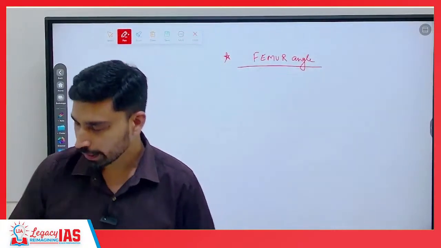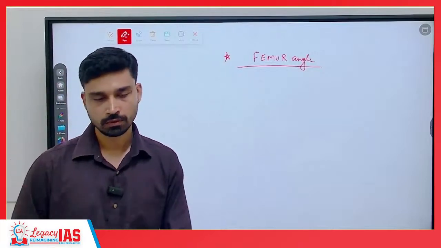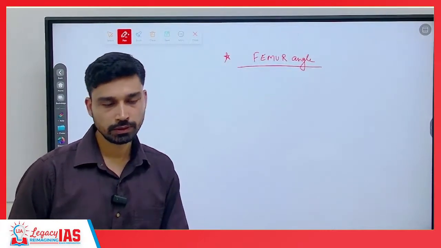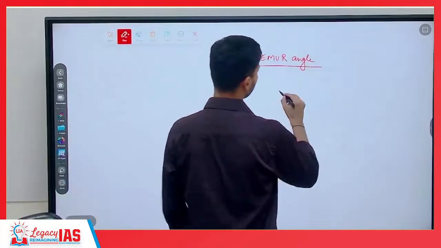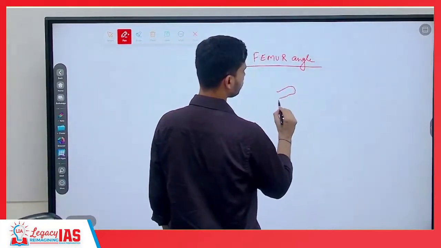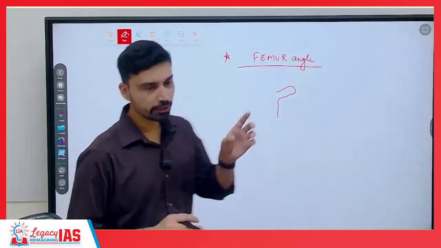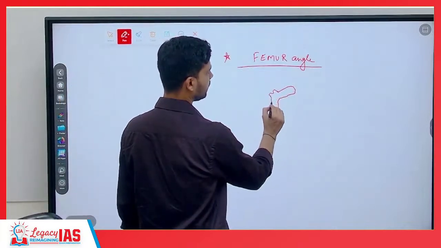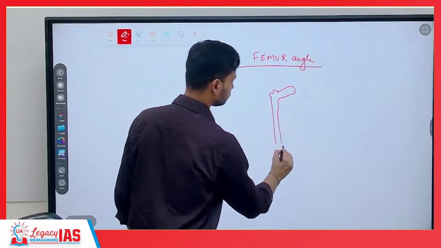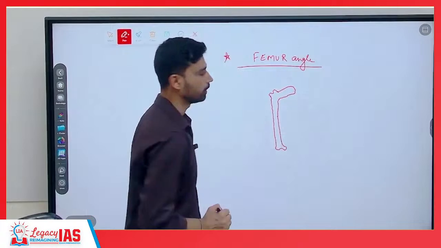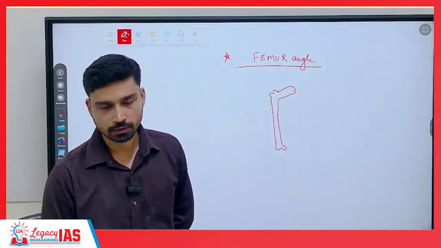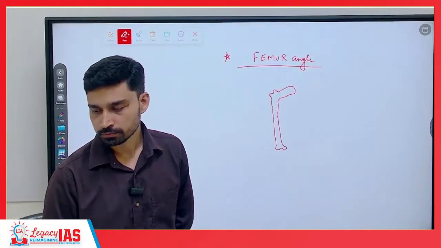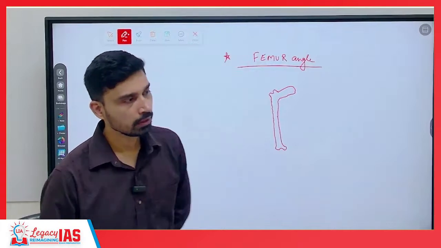The femur angle in man is larger, that is 120 degree, as compared to apes.